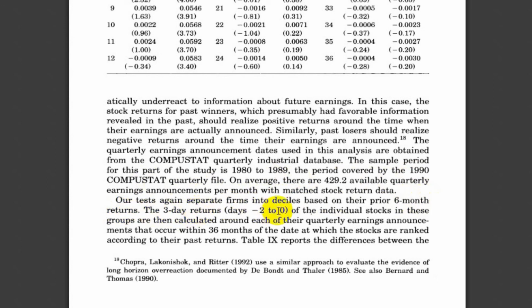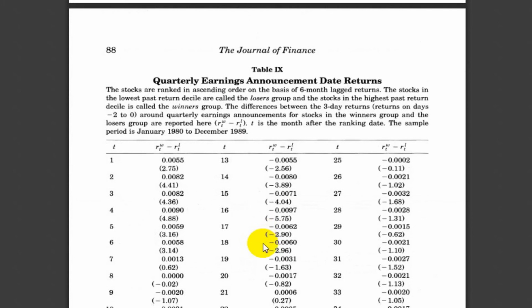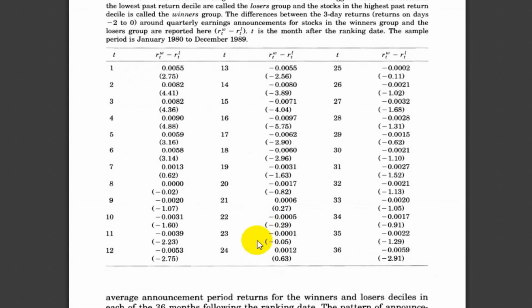And they look at the returns that happen around the 3 days before the earnings release. So Table 9 reports this data. Here we have each of the next 36 months and the difference between the winners and the losers' 3-day returns at each quarterly announcement date.